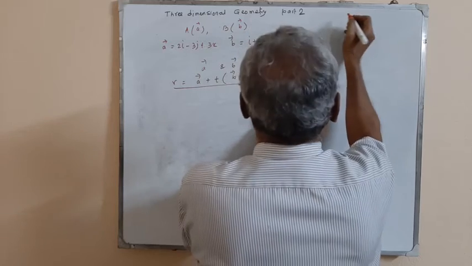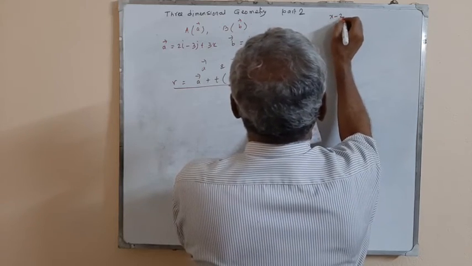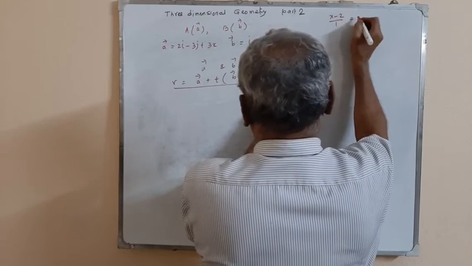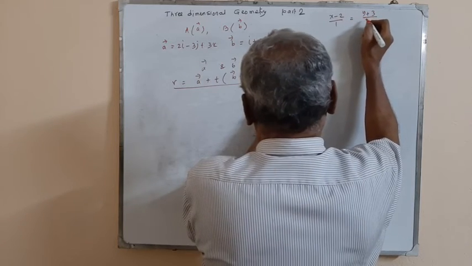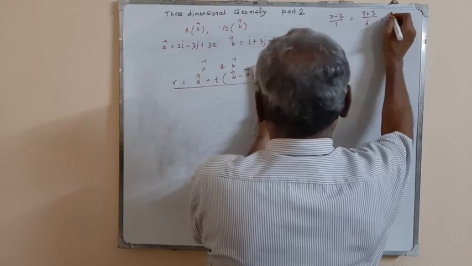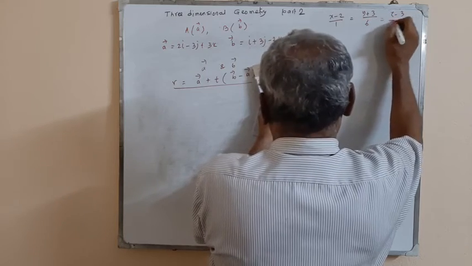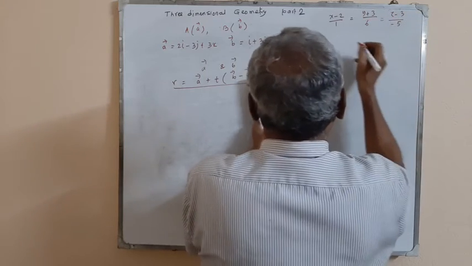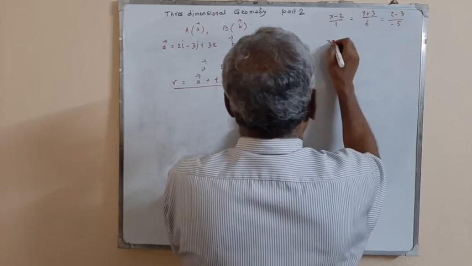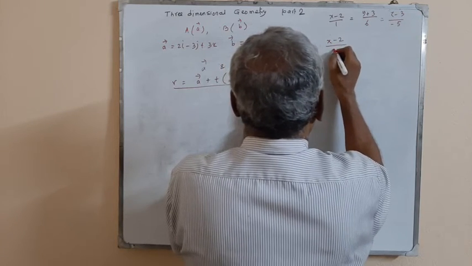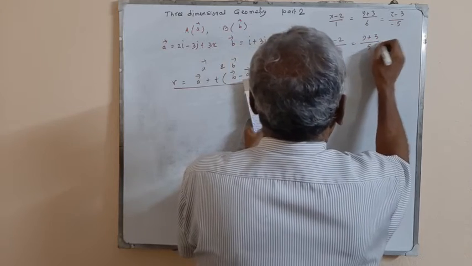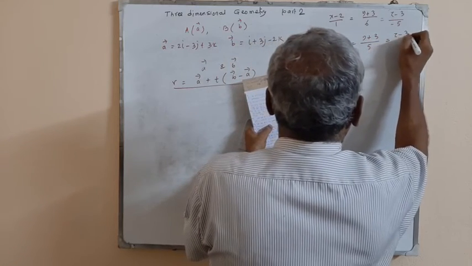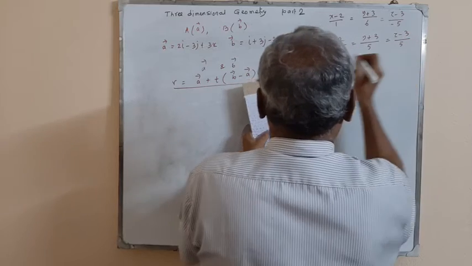Options are: first, x minus 2 by 1 is equal to y plus 3 by 6 is equal to z minus 3 by minus 5. Secondly, x minus 2 by 2 is equal to y plus 3 by 5 is equal to z minus 3 by 5.